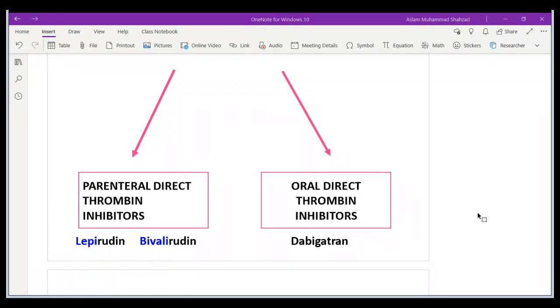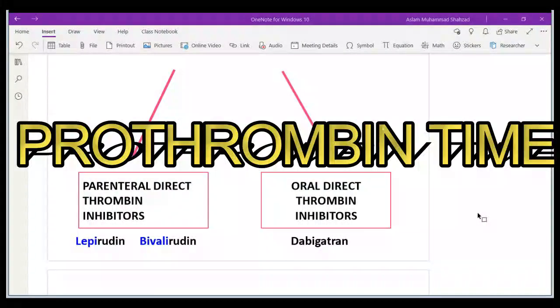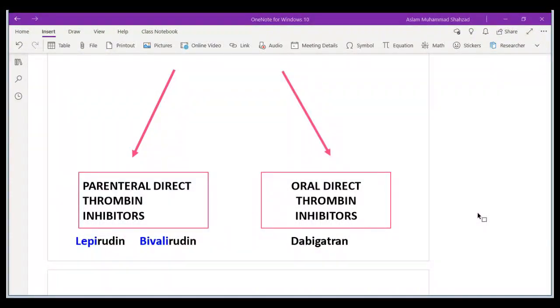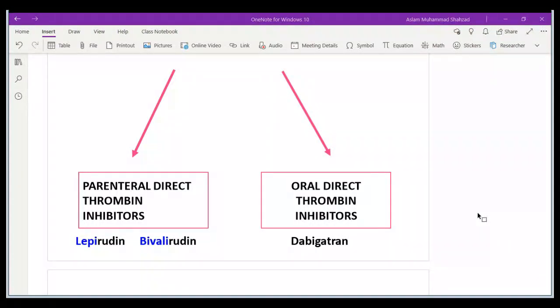The second important thing is that this drug can be administered parenterally, like heparin, and then we need to monitor the prothrombin time. Again, we especially need to monitor for thrombocytopenia if we accidentally give a high concentration of the drug.